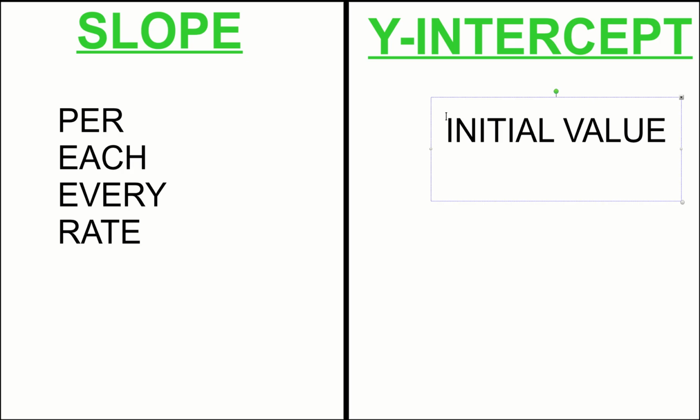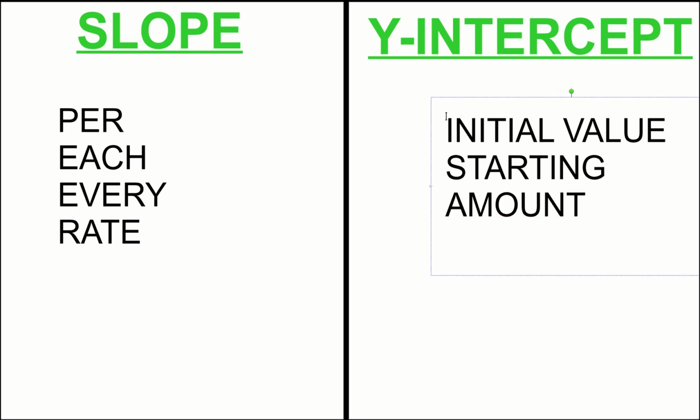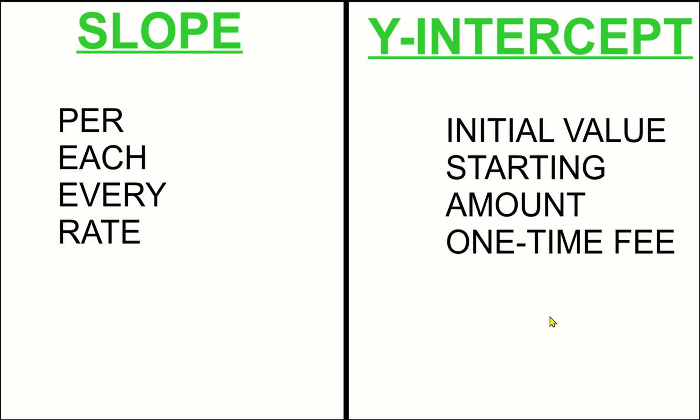So you see initial value. Also, if you see starting, usually starting amount, or one time fee, those would mean y-intercept. Basically, initial, starting, or one time. Those are different words that will mean y-intercept in a word problem.